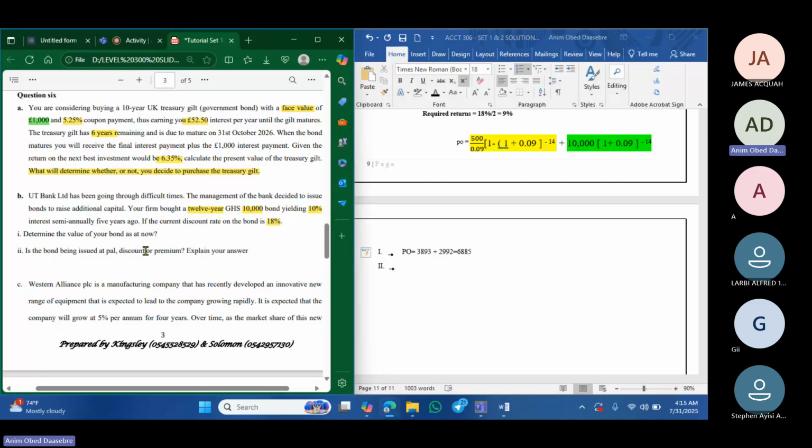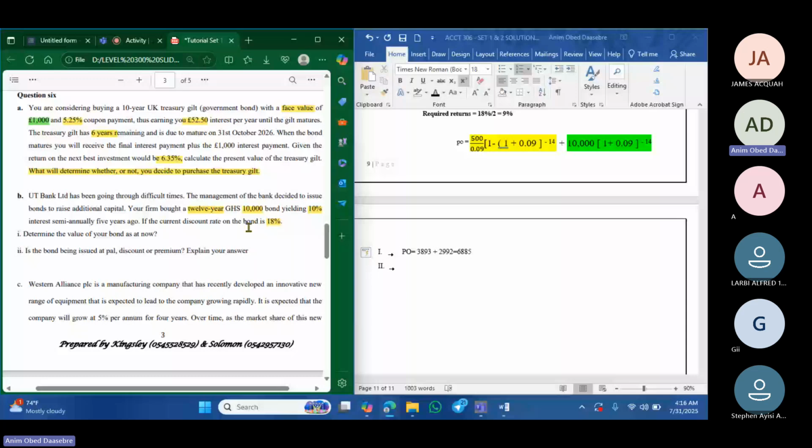On the other side, you can also use the coupon rate and the yield to maturity rate to determine. If you check the coupon rate, it was 10%, and the yield to maturity was 18%.